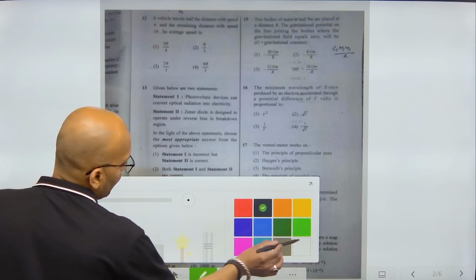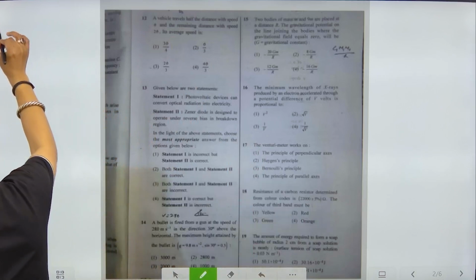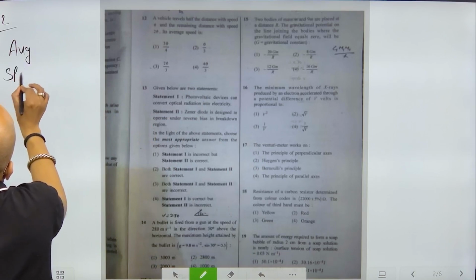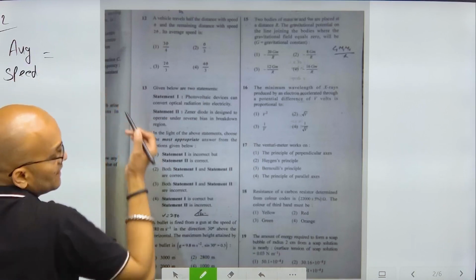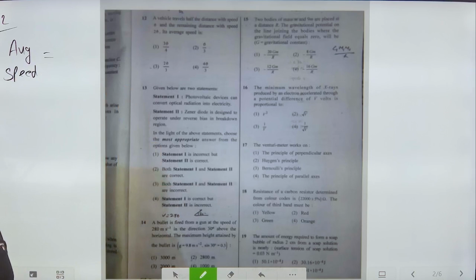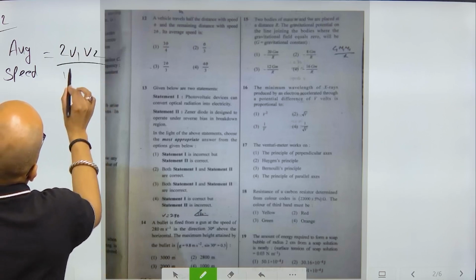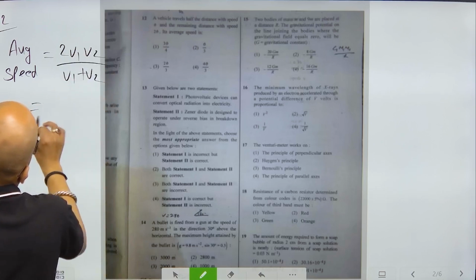So direct formula, no need to apply any concept. Average speed, direct formula. What is the direct formula? When the distance traveled is equal, it is 2v1v2 upon v1 plus v2.